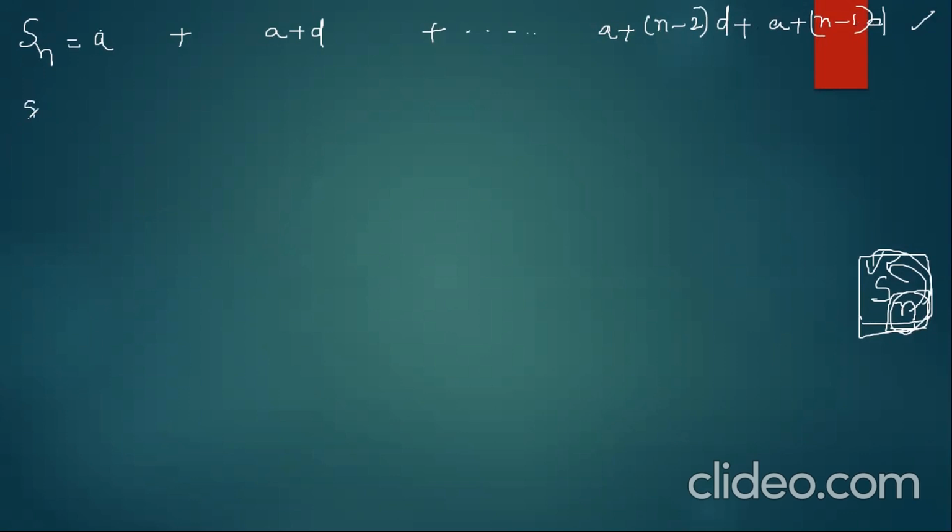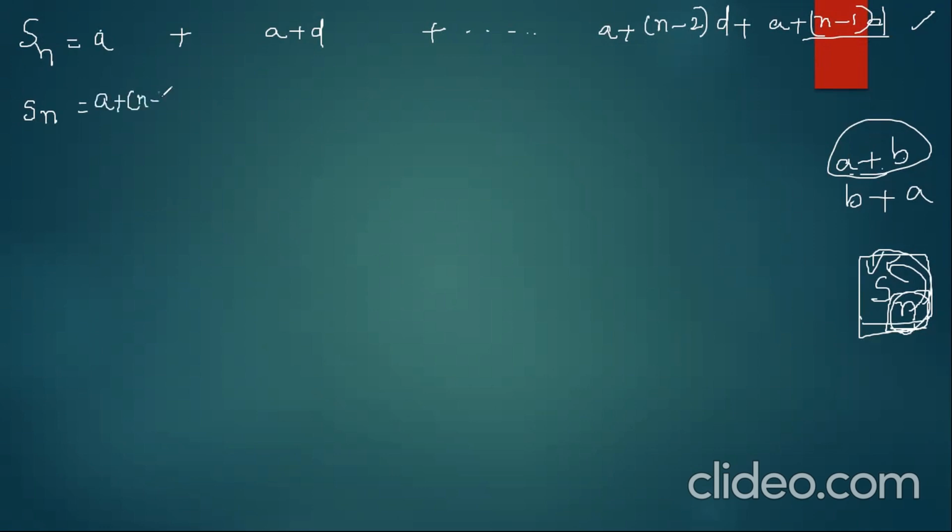Sn is equal to, and can I change the order of the terms? Yes, I can. So I make the first term the last term, writing from the last term in reverse.